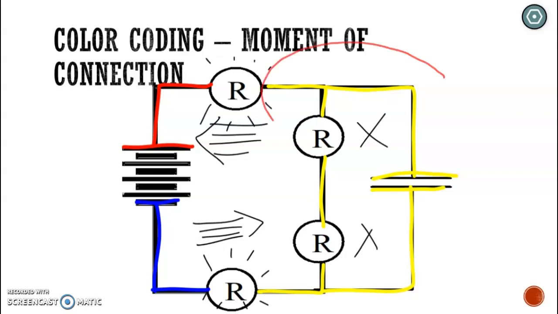Meanwhile, this wire has electrons moving out of it and into here, but there are no electrons moving into it. There are electrons moving out of this wire, which means that wire is going to be getting more positive.